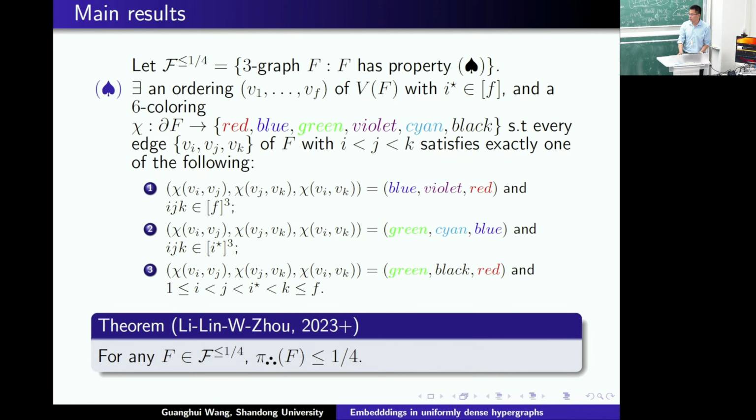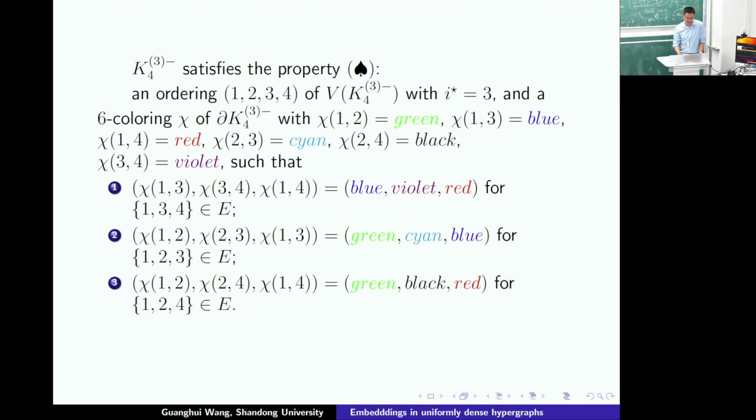This sufficient condition is a little complicated, but it's easy to check that K4 minus satisfies this property, because we give ordering 1, 2, 3, 4, and for i star we choose i star to be 3.